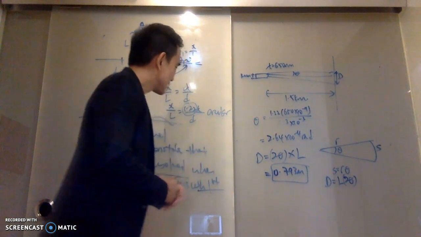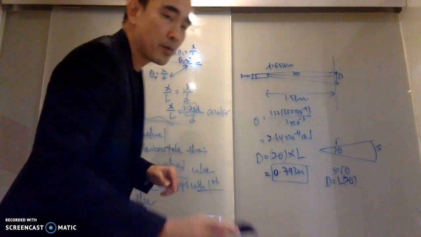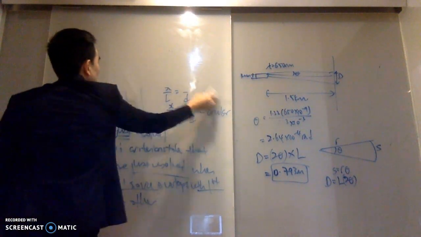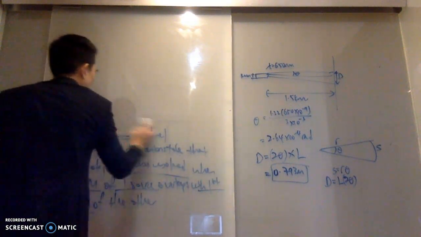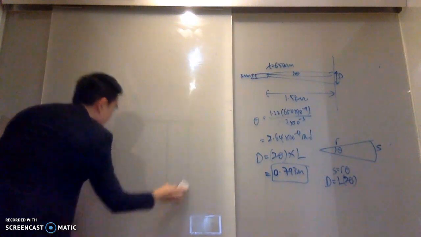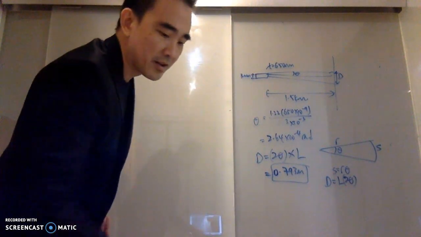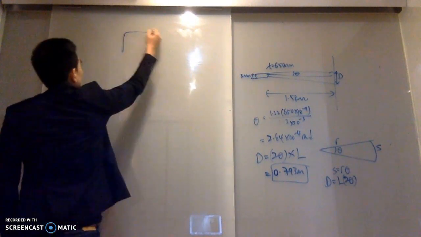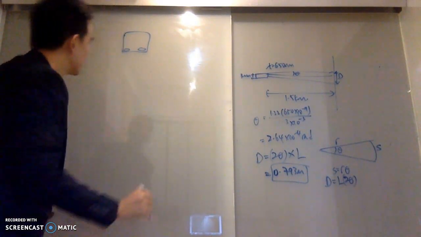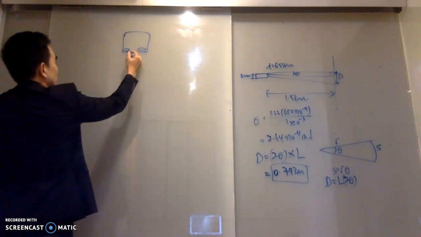Alright, so let's take a look at another case, which is a very popular case that is asked in IB exams. We talked about cars just now, so let's see. Our objective is to find the maximum distance of the car such that you cannot see the two headlamps as two separate headlamps.